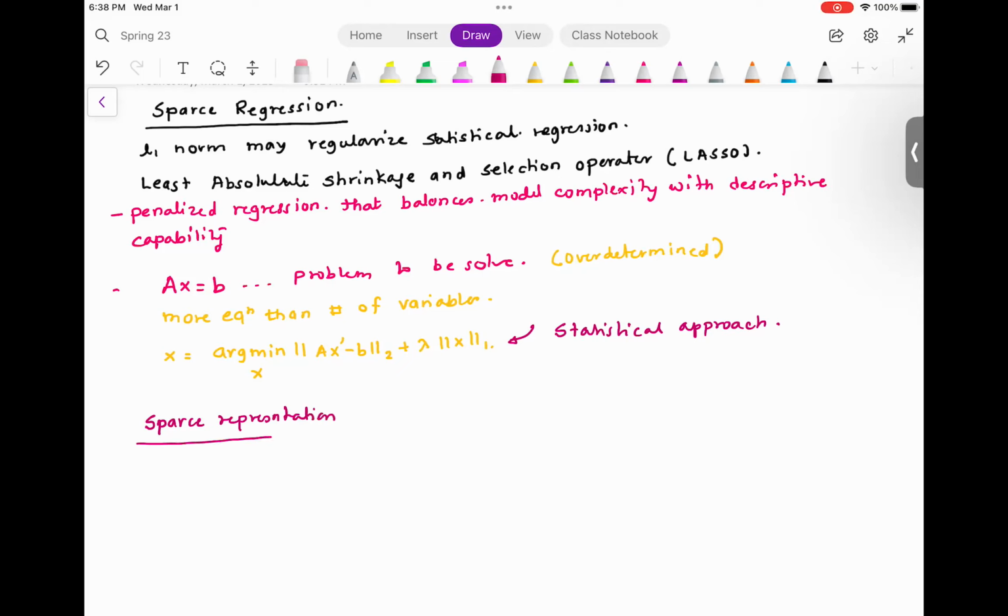Sparse representation means if you have data, and you have something similar to SVD. So this is the data matrix. This is two-dimensional data.